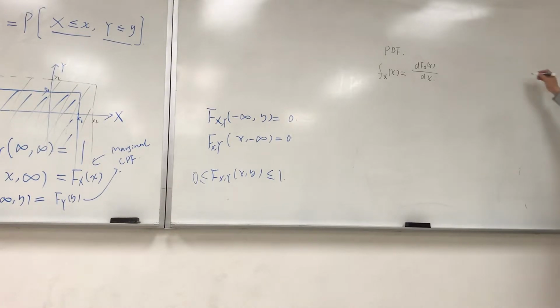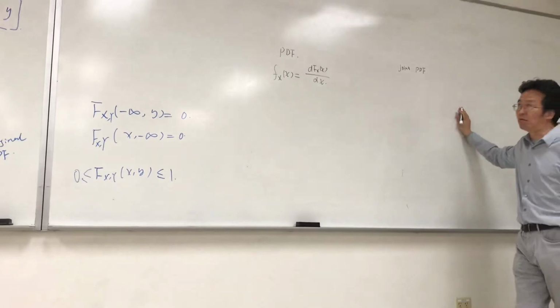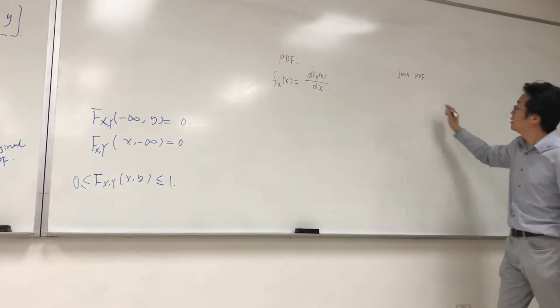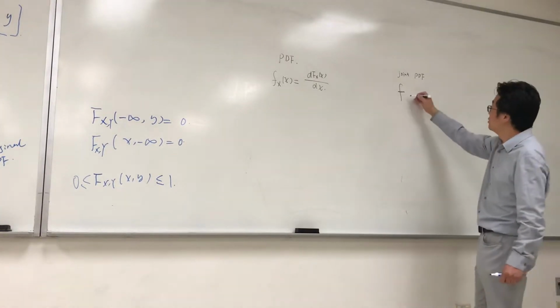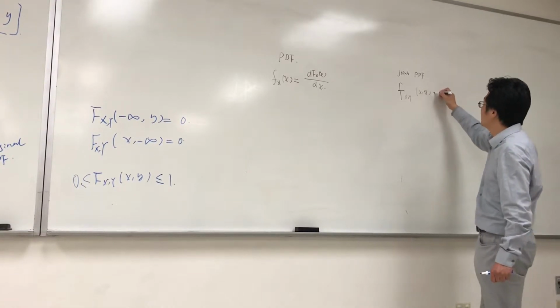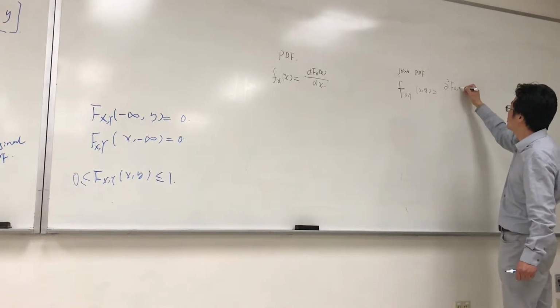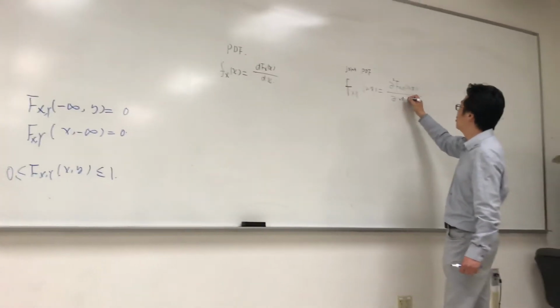On the other hand, the joint PDF between x, y will be defined as the partial derivative of the joint CDF with respect to both x and y. In other words, again, if we use lowercase for the PDF of random variables x, y, it is defined as the partial derivative of the joint CDF with respect to x and y.